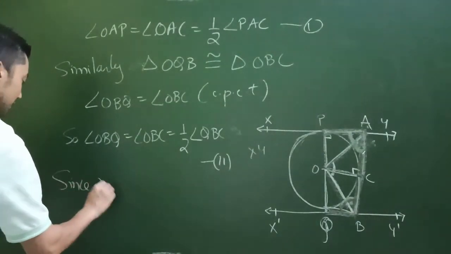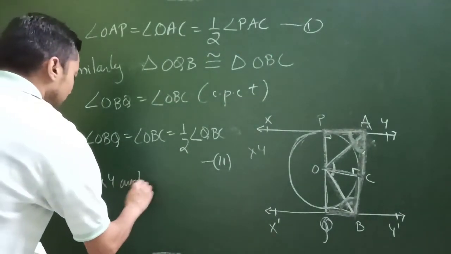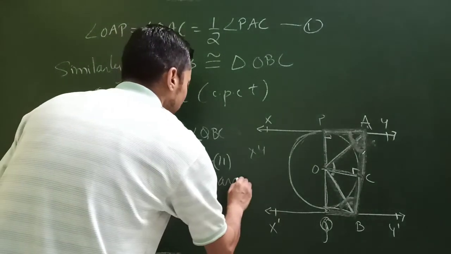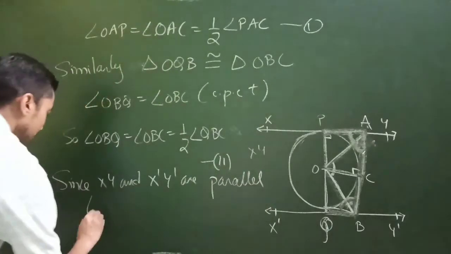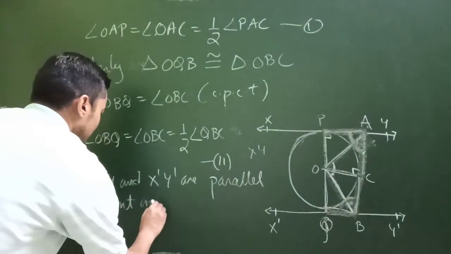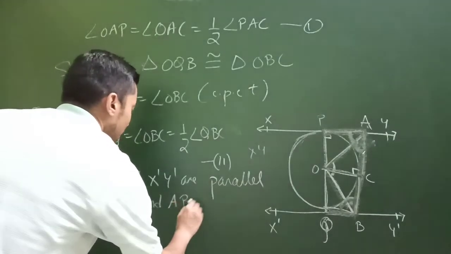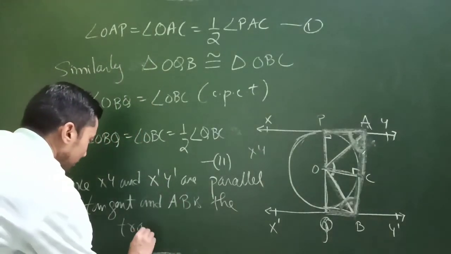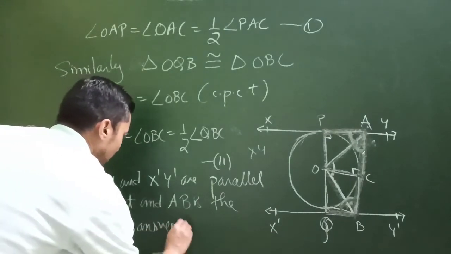Since XY and X'Y' are parallel tangents, coming back to that last point, AB is the transversal. By the way, what was a transversal?